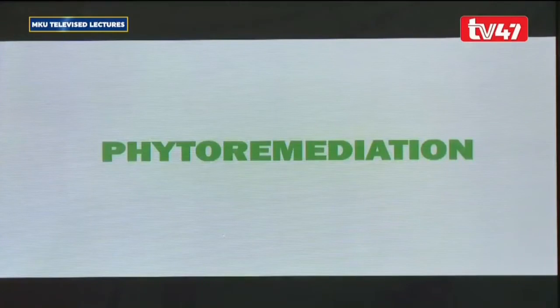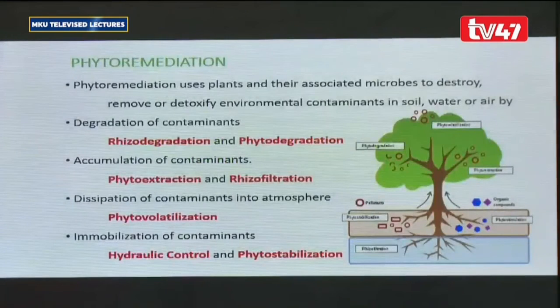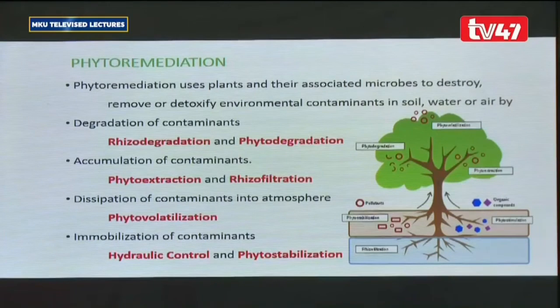So finally, we'll look at the other topic of phytoremediation. Phytoremediation is also a system of using up contaminants in the soil and also in water. But in phytoremediation, the difference is we don't use microorganisms, but we use plants.